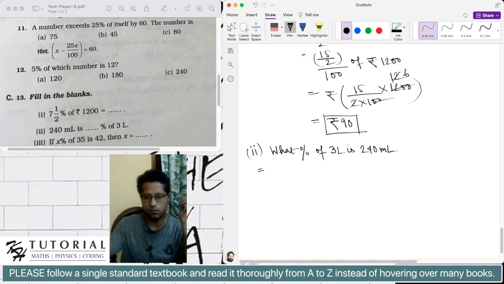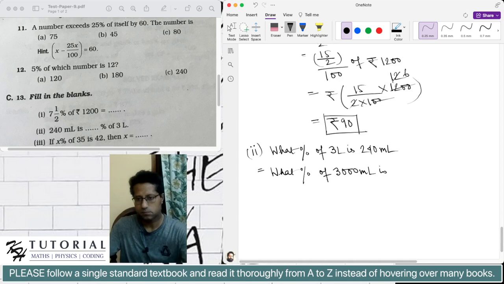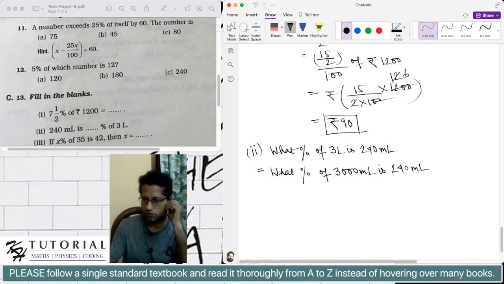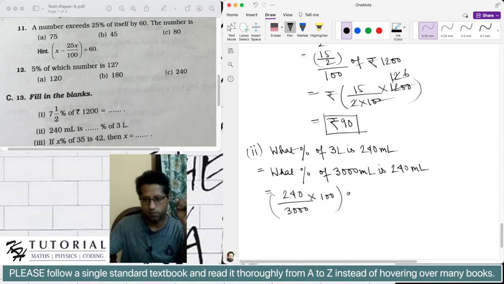So what the question is asking is what percent we have to find. Let's convert 3 liter to milliliter. So this will be 3000 milliliter, and 240 milliliter. So now the question is what percent of 3000 milliliter is 240 milliliter, and we know this is 240 divided by 3000 multiplied by 100, this much percentage.